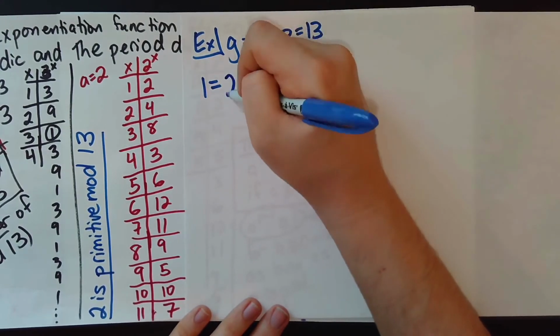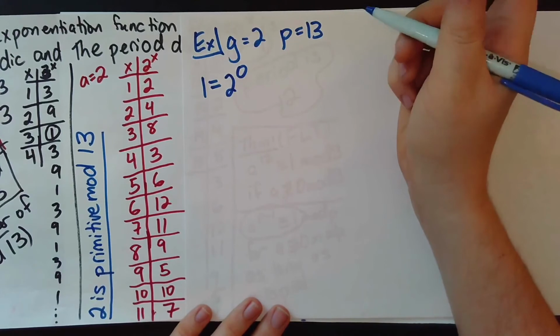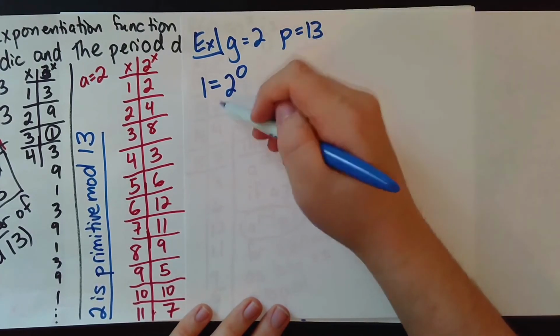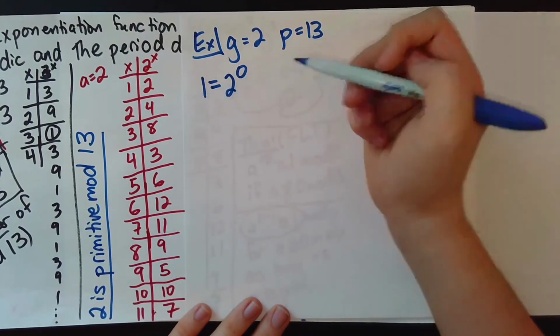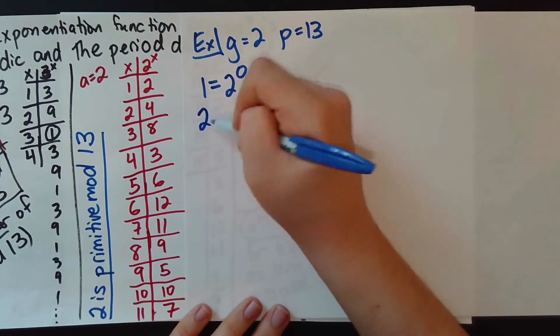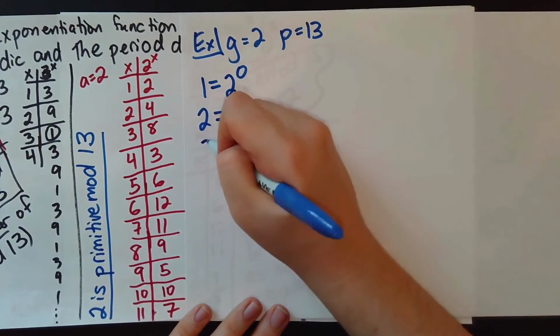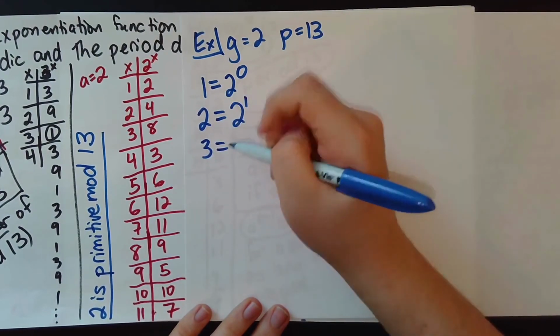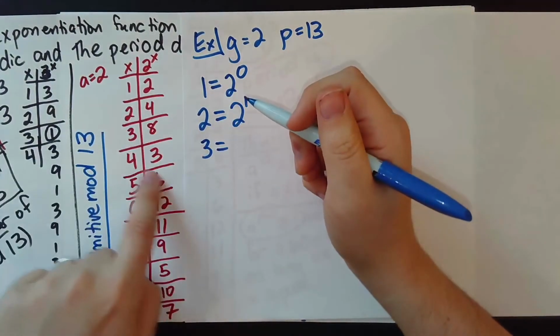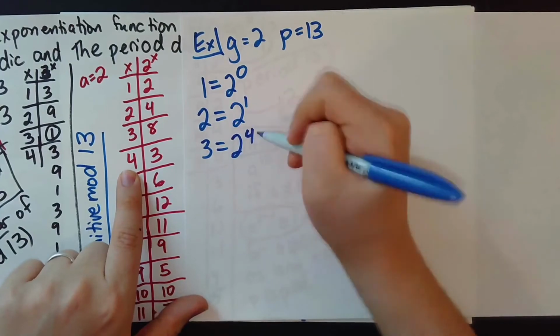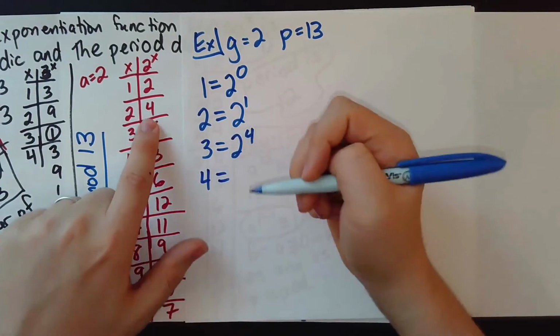So 1 is 2 to the, and I'm going to let myself write that as 2 to the 0th. I'm going to sort of honor the fact that a non-zero thing to the 0th power is 1. Okay, saying that 2 is a power of 2 is not impressive. 3 is 2 to the, okay, and so I have to look, 3 is 2 to the 4th. 4 is 2 squared.